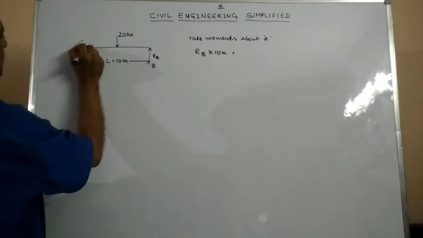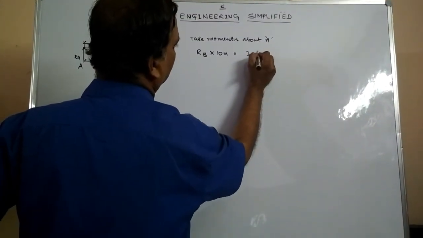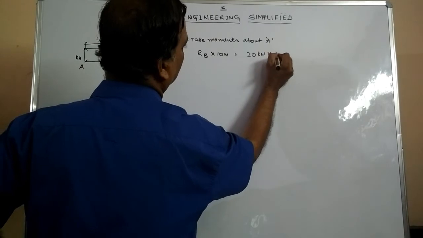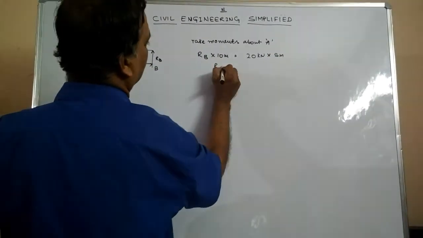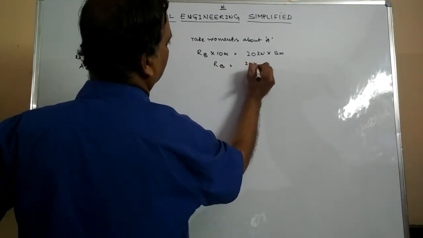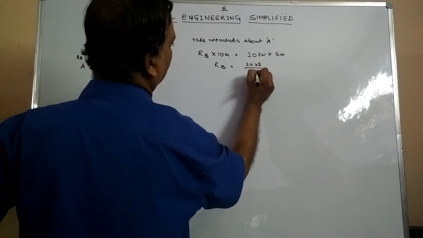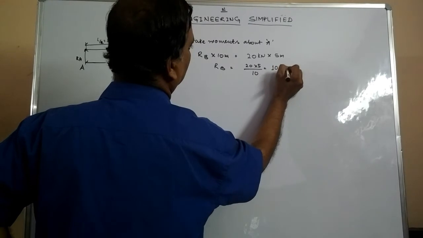Here we are considering the load acting at L/2, which is 5 meters. 20 kN into 5 meters. RB works out to 20 into 5 divided by 10, which is 10 kN.